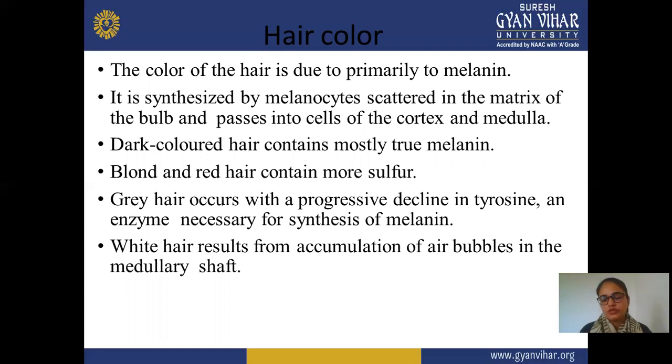Means if tyrosine concentration is decreased in your hair, then there may be chances that your hair starts turning gray, because tyrosine is necessary for synthesis of melanin. In this condition, to overcome this problem, it is required to synthesize a large amount of melanin in your hair and stop the declining concentration of tyrosine.